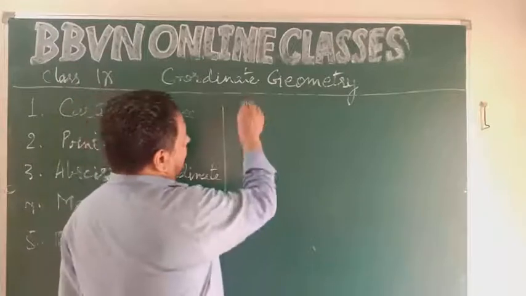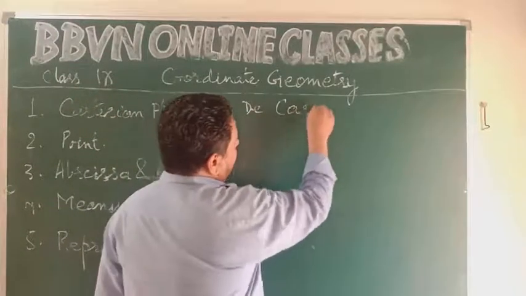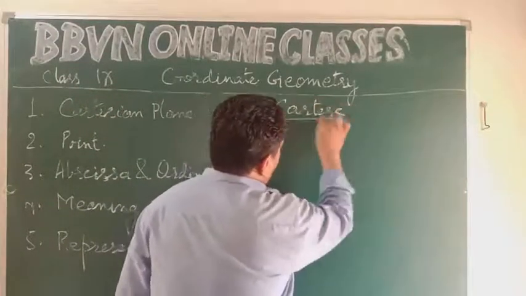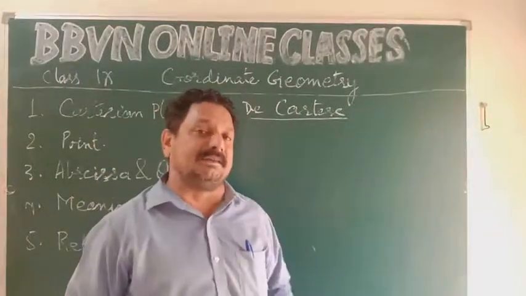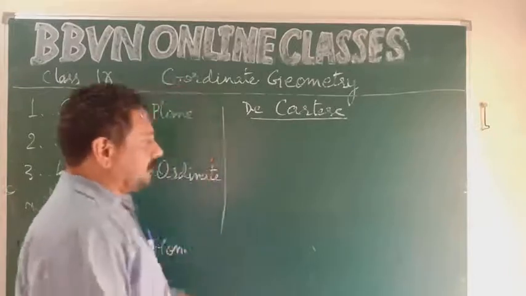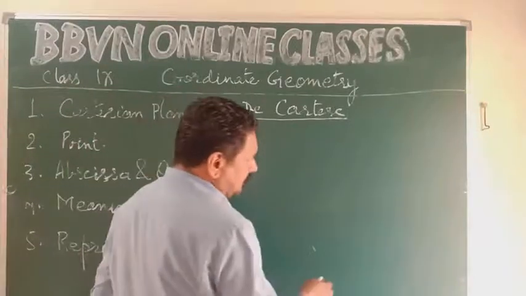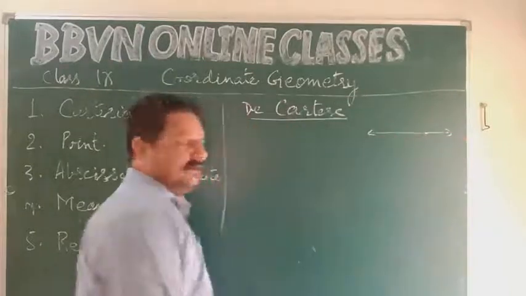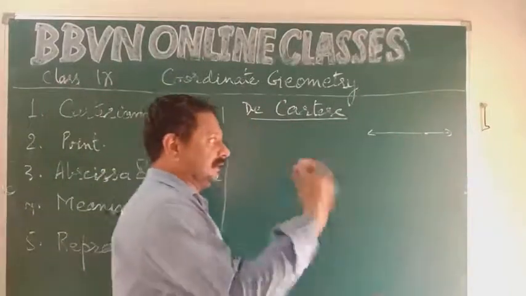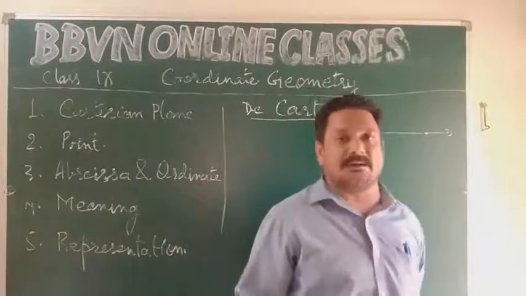A European mathematician, Descartes, he proposed a system, and according to that system, when you talk about a number line, a simple horizontal line, you have represented rational numbers and integers on the number line.